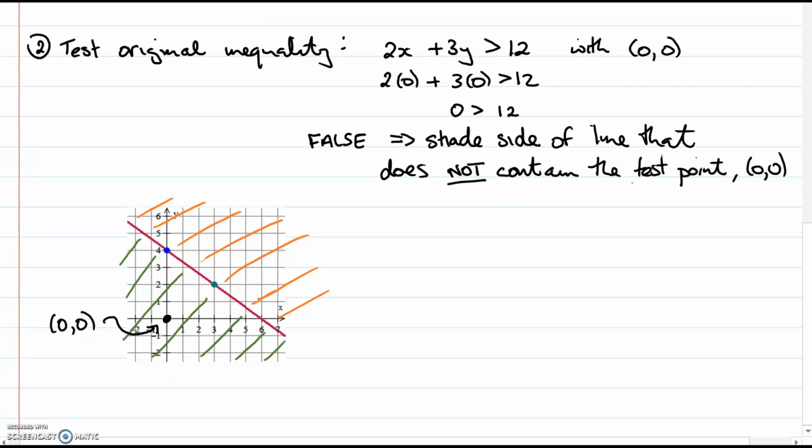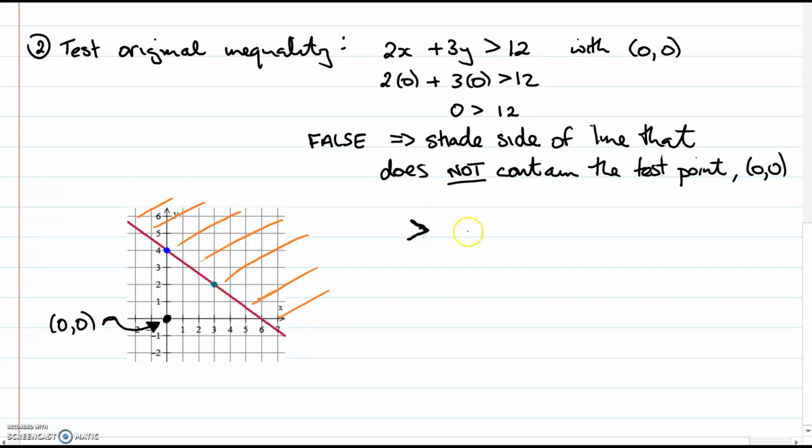So let's get rid of the shading here. We want to shade the other side of the line. Now the other problem that we have here is that the inequality was just greater than, not greater than or equal to.